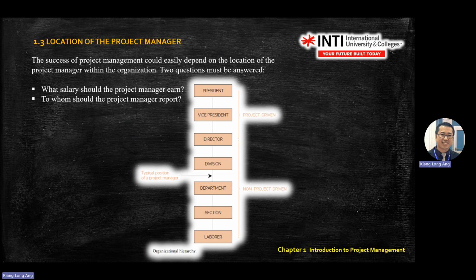So a typical project manager will come into the division, inside here before the department. The project manager will talk to the department or the functional units here, finance department, R&D department, and so on. They will sit above the department.